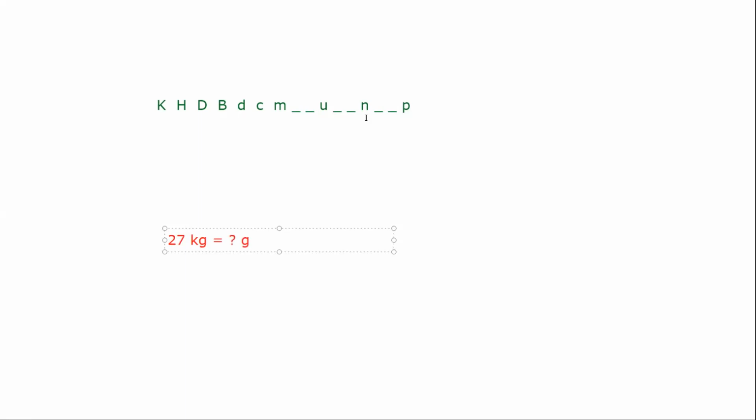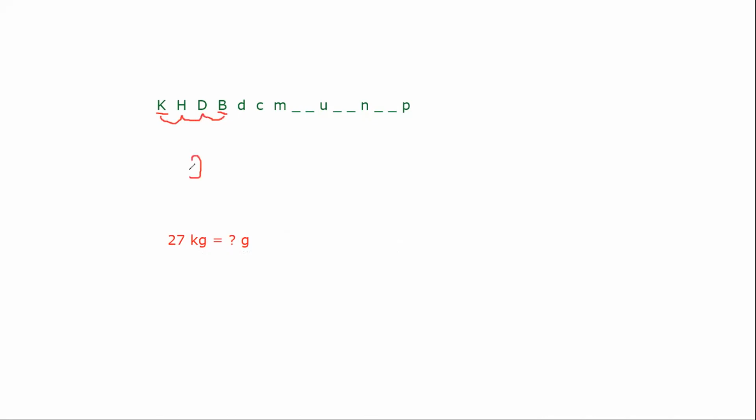So we want to convert. We are going from kilo down to the base unit of just grams. To get from there, we have to go 1, 2, 3 decimal places.